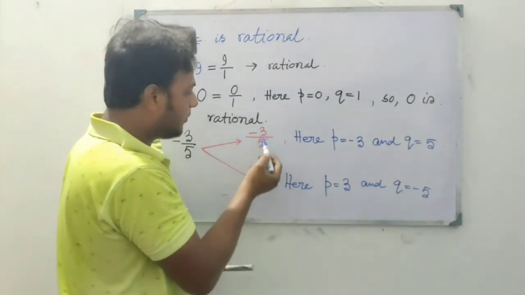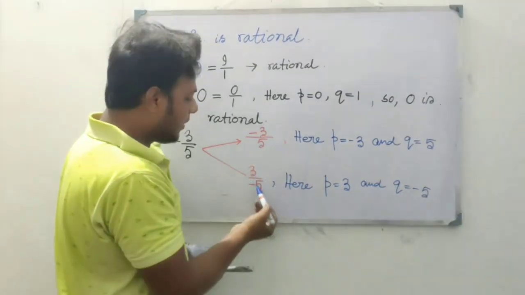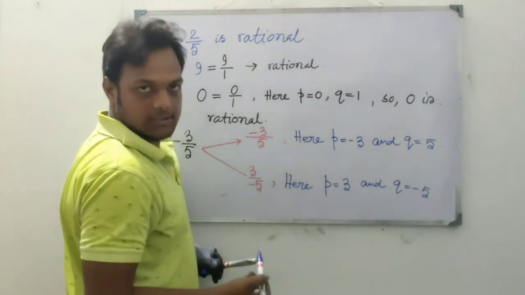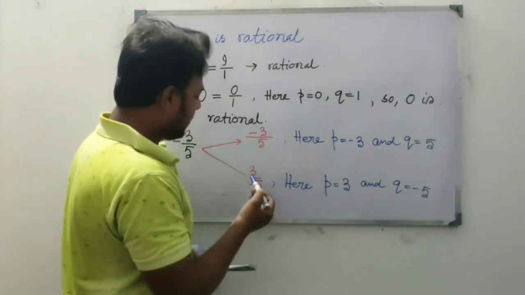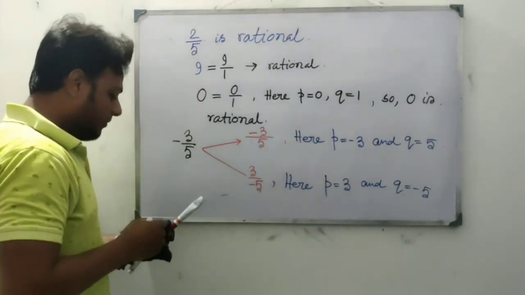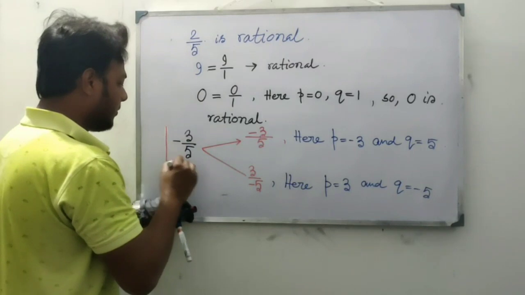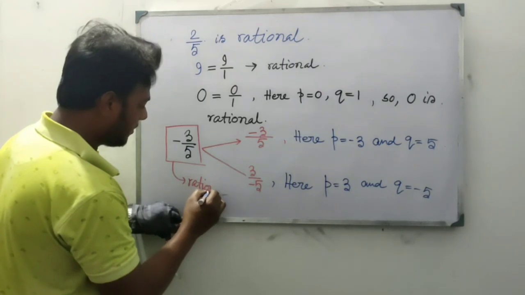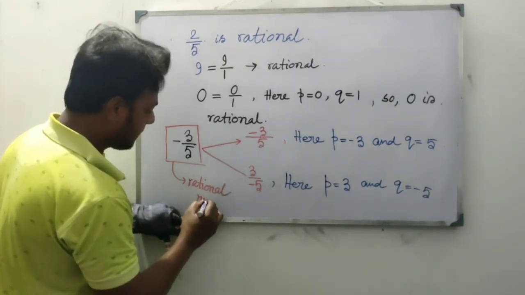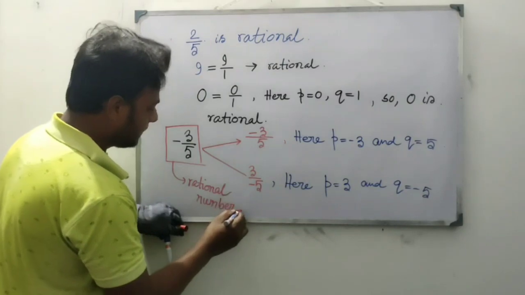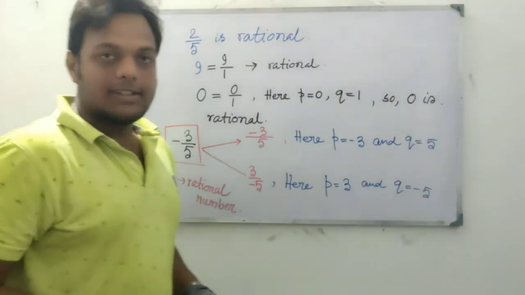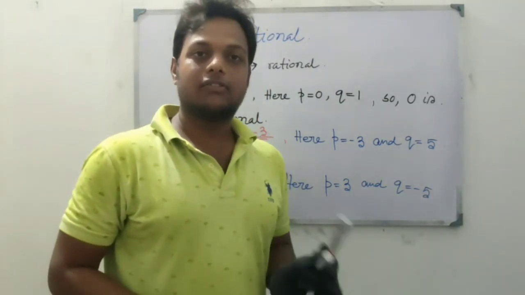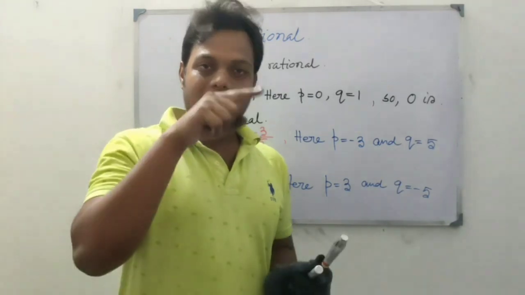And for the second case 3 by minus 5, it is also of the form p by q, where p and q both are integers. So ultimately this number minus 3 by 5 is a rational number.